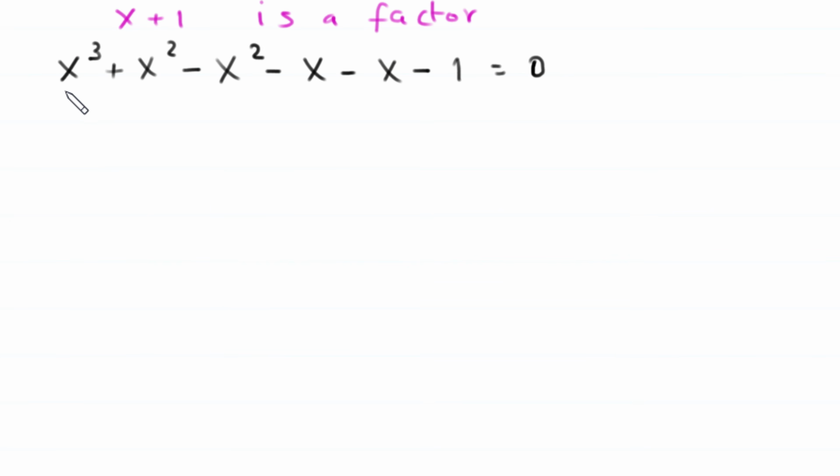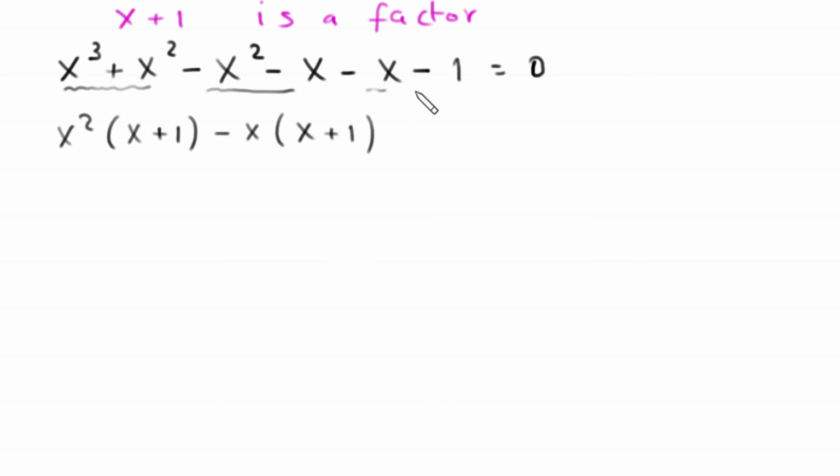From these two terms, x cubed plus x squared, we can factor out x squared, in bracket left, x plus 1. From these two terms, we can factor out negative x, in bracket left, x plus 1. From these two terms, we can factor out negative 1, in bracket left, x plus 1 equal to 0.